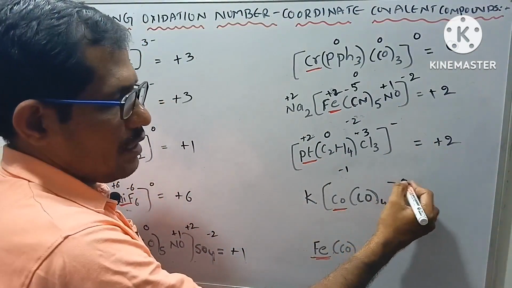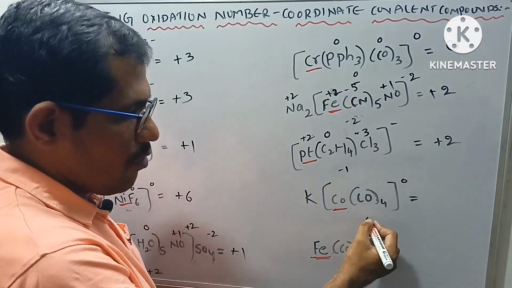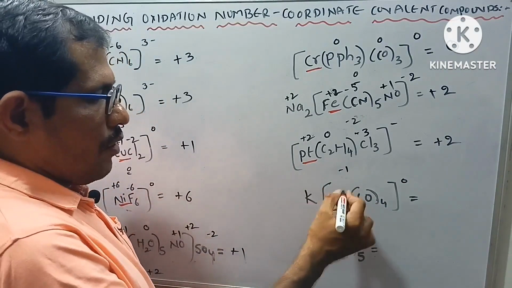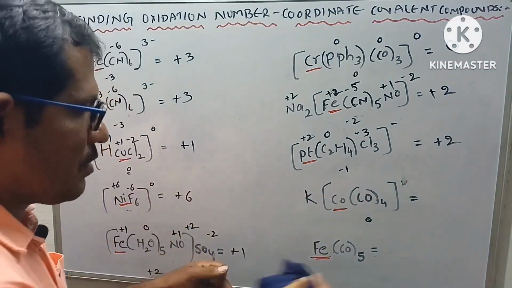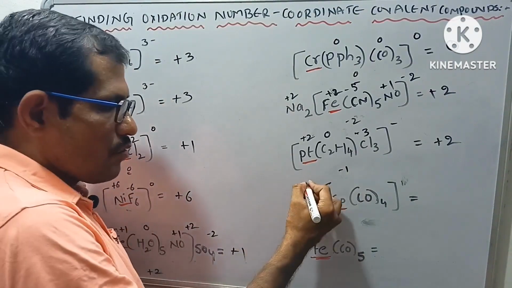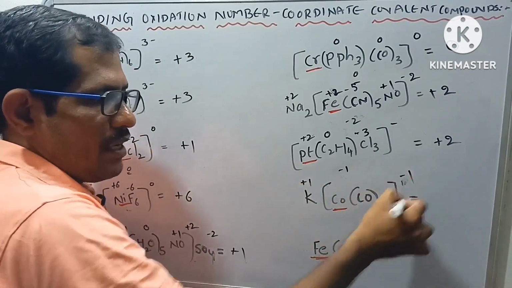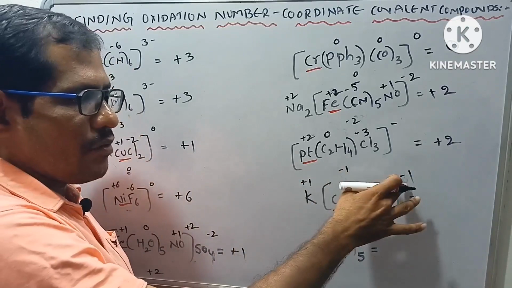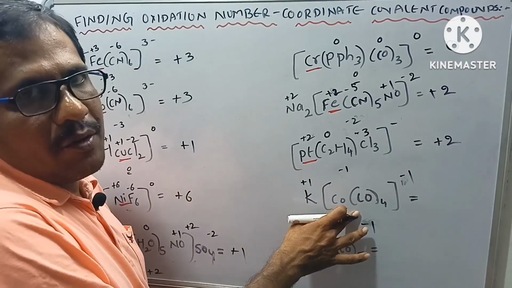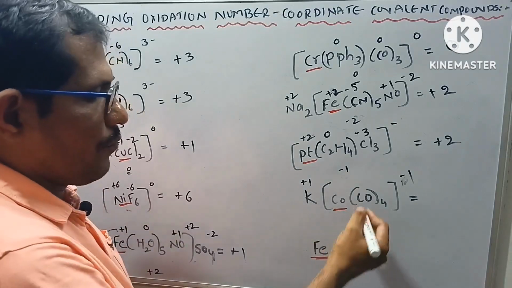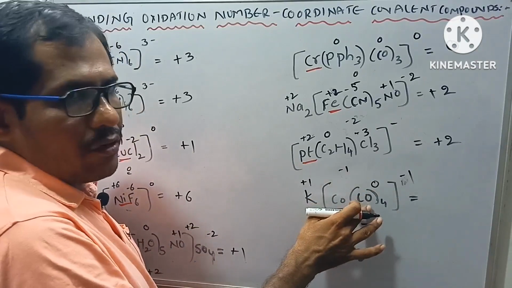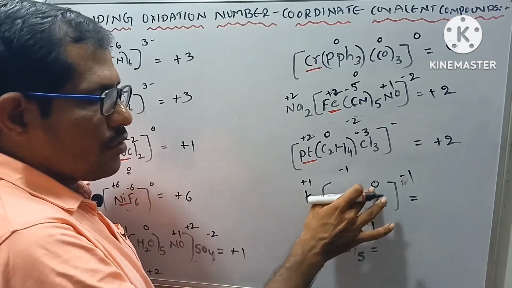Here, outside the coordination sphere it is not 0, sorry. Potassium is there, I am sorry. Potassium is plus 1, so to make the neutral charge it is minus 1 on the coordination sphere. So inside also you need to get minus 1. It is cobalt carbonyl, CO is 0.